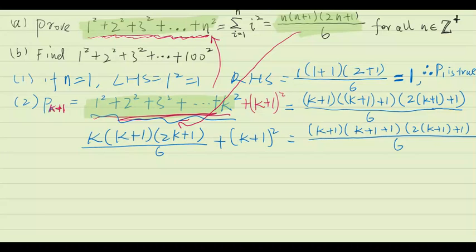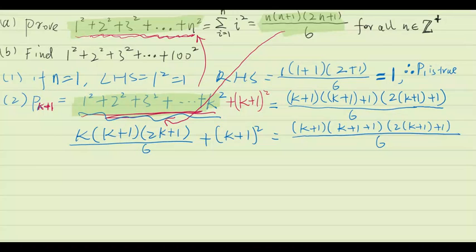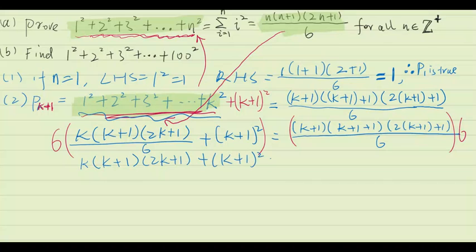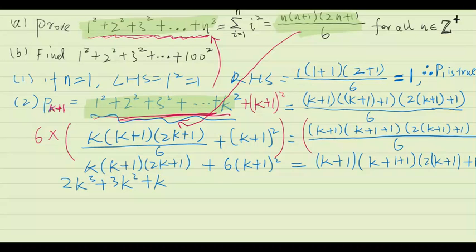Now we multiply by 6 on both sides to cancel the denominator. It will look like this, plus k squared. The denominator has been cancelled. After expanding, it will be this on the left-hand side.